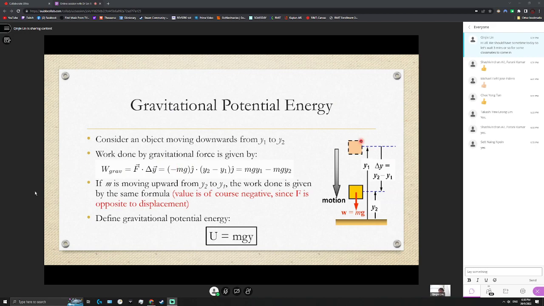Of course, in real life, when you release an object, it drops down, right? This is because there is a force pulling it down, and that's our gravitational force. If we calculate the work done for this, which is energy, it will be F dot delta y. And remember our dot product, we revised it, right?